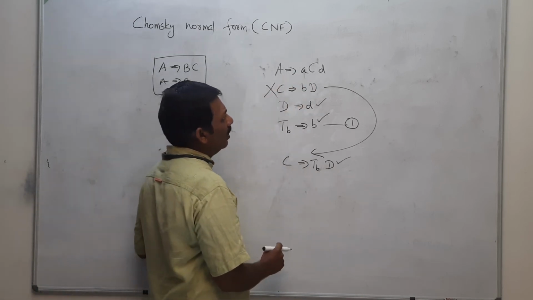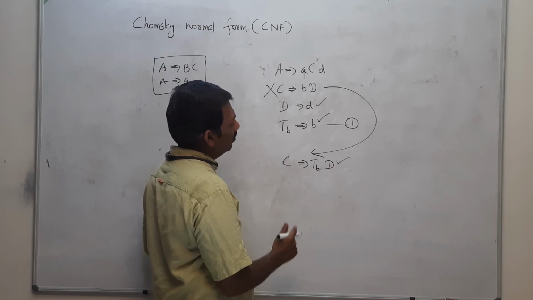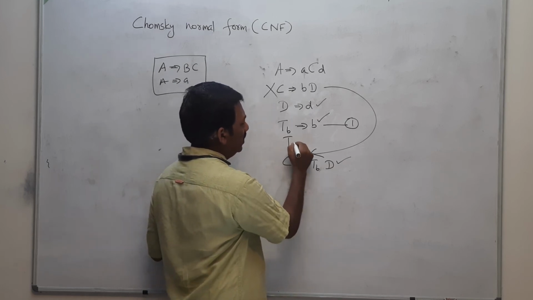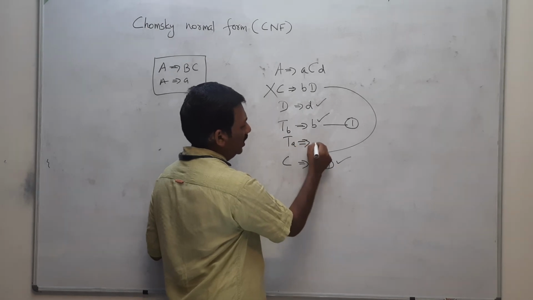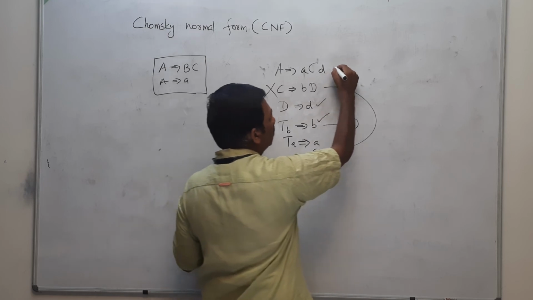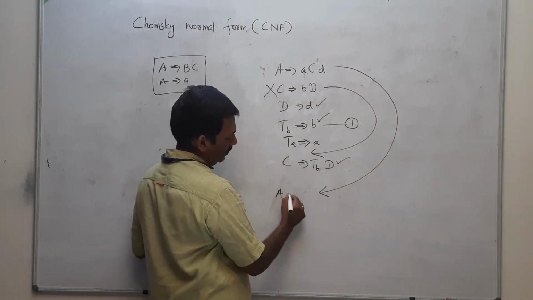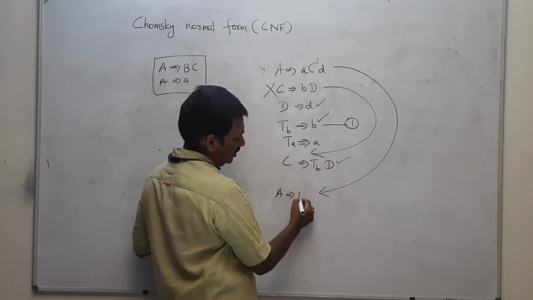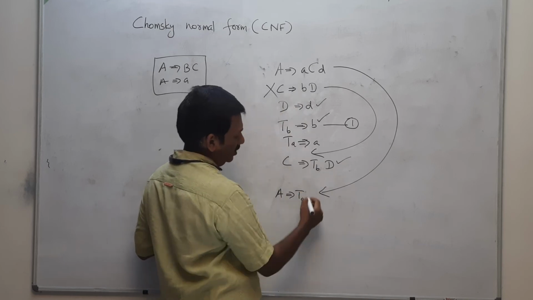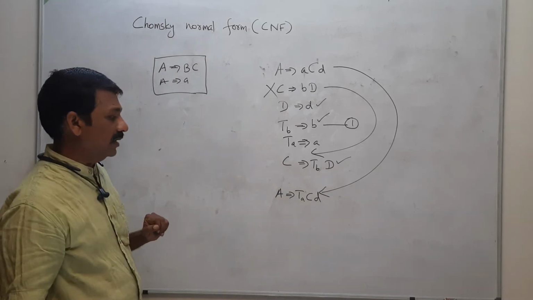Now I am going to have TA derives a. Now I can replace this a with TA. Now A derives TA C D.